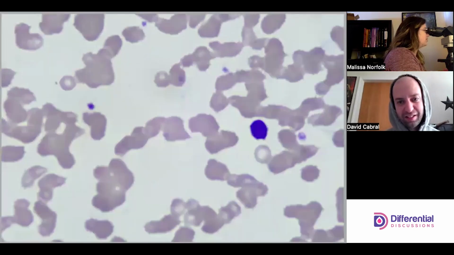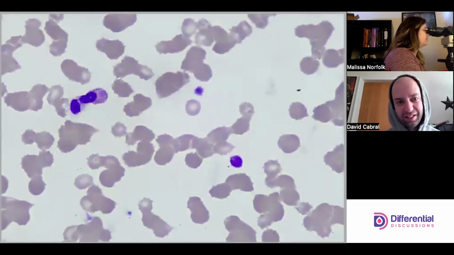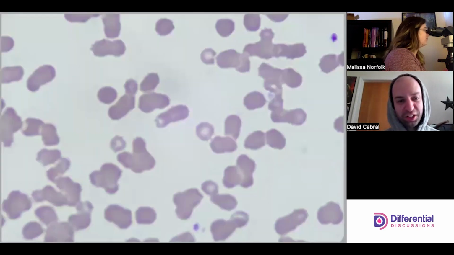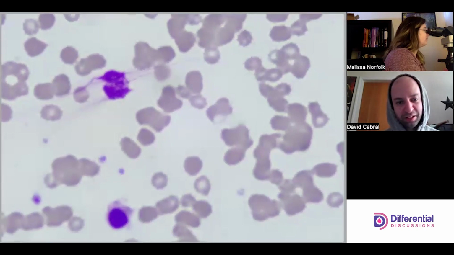I guess the thicker part of the slide is going to give us better. Sometimes it can. Having more concentrated, more numerous cells makes it better.